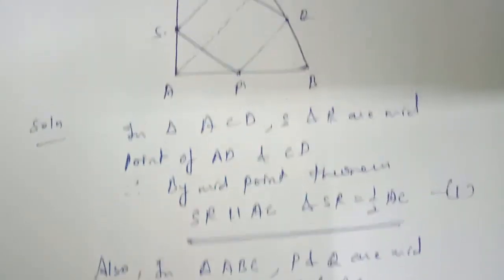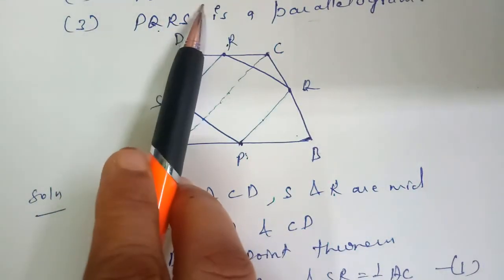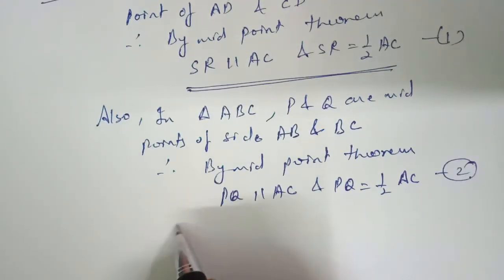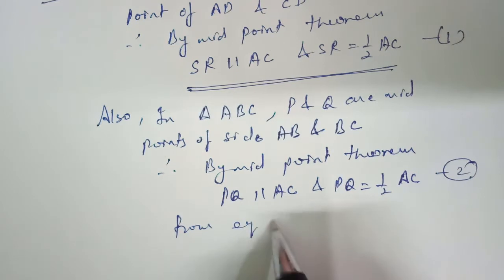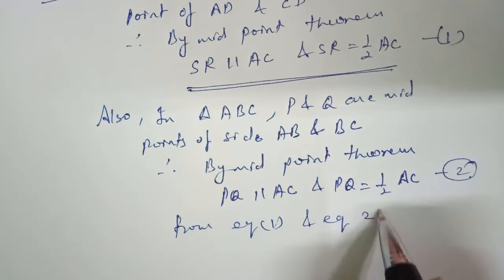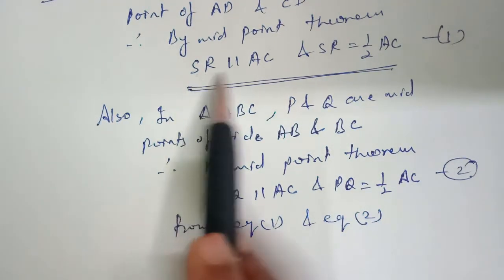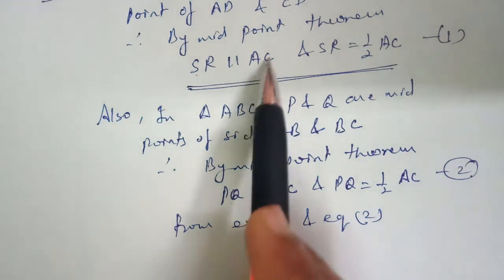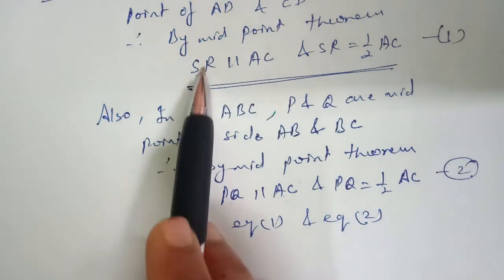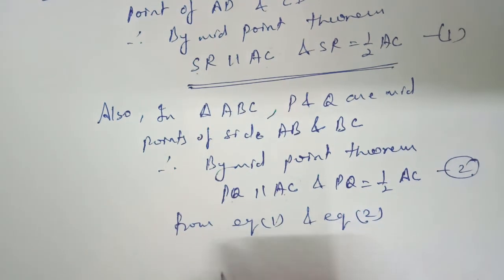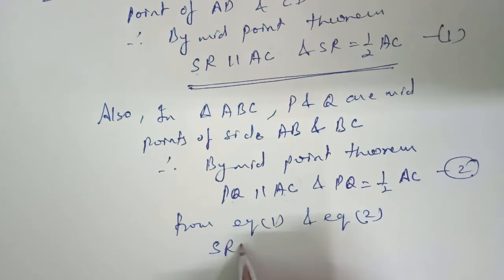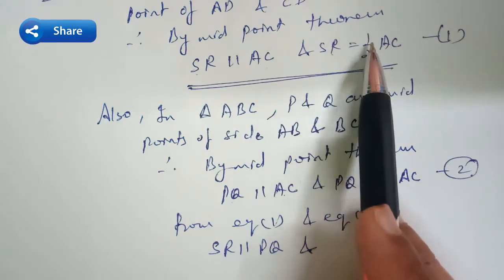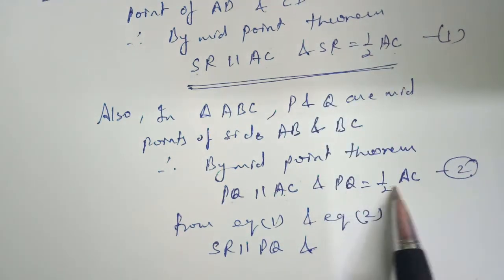Now since we have to prove in the second part that both of them are equal, we take both conditions from equation first and equation second. Since SR is parallel to AC and PQ is parallel to AC, both of them are parallel to the same line. So we can say both of them are parallel to each other. So from equation first and second we get SR parallel to PQ. And SR is equal to half of AC, PQ is equal to half of AC.